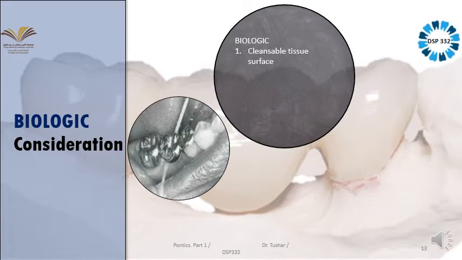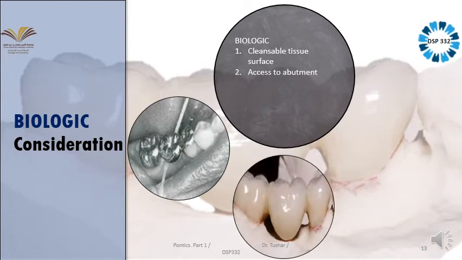There are interdental brushes available commercially that you can prescribe to your patient along with the toothbrush, so that he can properly maintain the health of the prosthesis, because these are the areas where the chances of food lodgement are more. If it stays for a longer period of time, remember there is the abutment also, and the periodontium, which plays a very crucial role in the health of your abutment, right? So it should be cleansable properly.